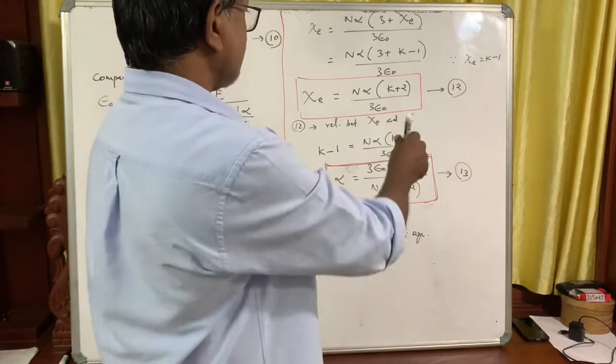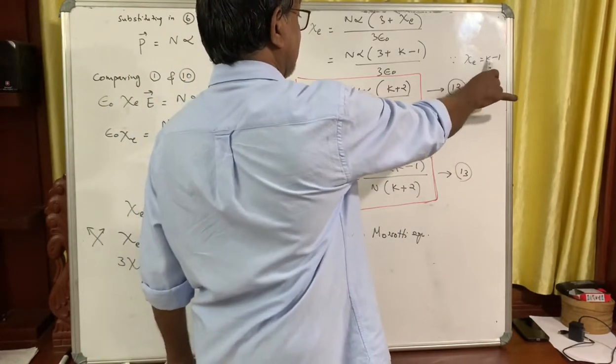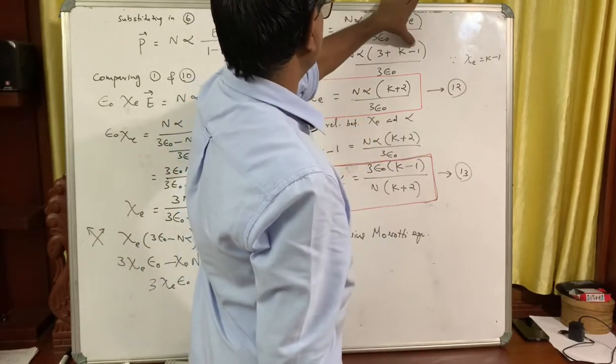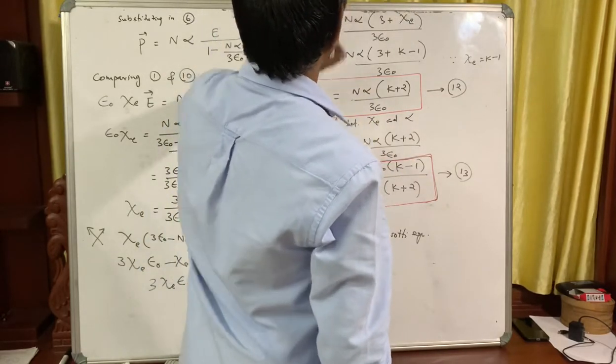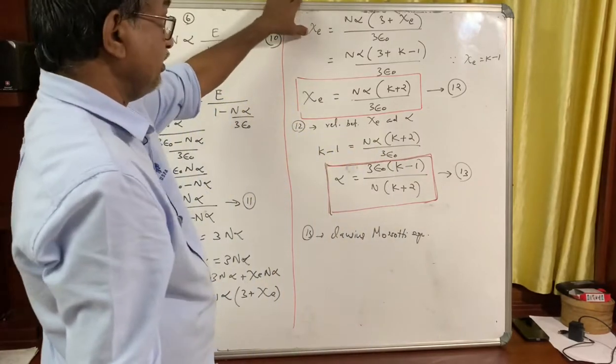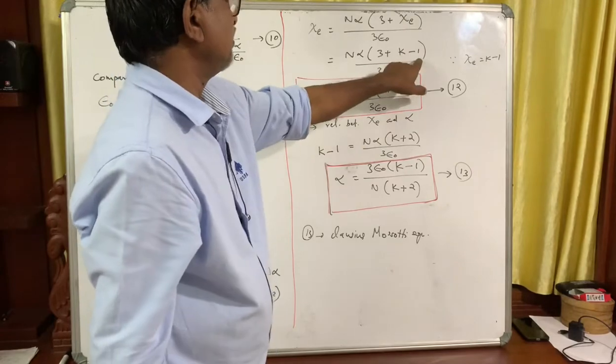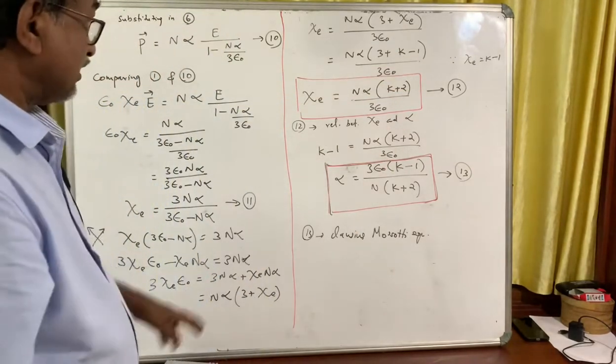And here, the relation between k and chi E is considered. Chi E is equal to k minus 1, and we have substituted this. Then chi E is equal to so much.